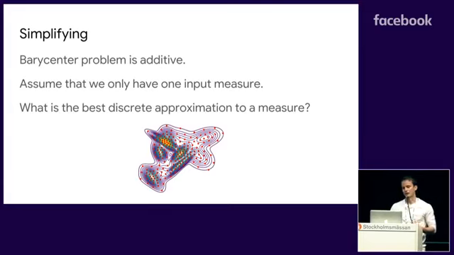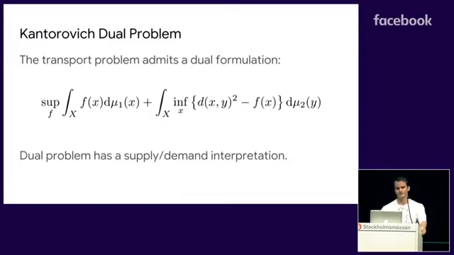And in the end, I'll explain how you go from that to solving the barycenter problem. An alternative way of formulating this is, what is the best discrete uniform approximation for a given measure? So for instance, here is what I would say the best discrete uniform approximation for this mixture of Gaussians would be.